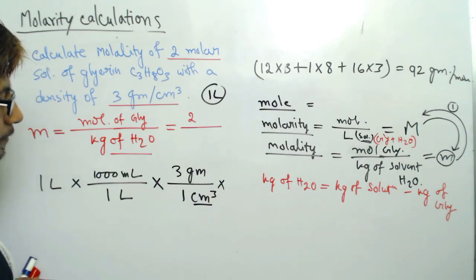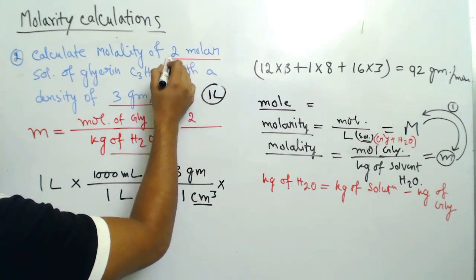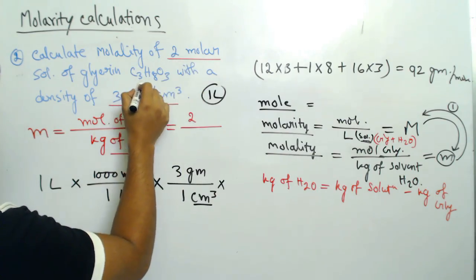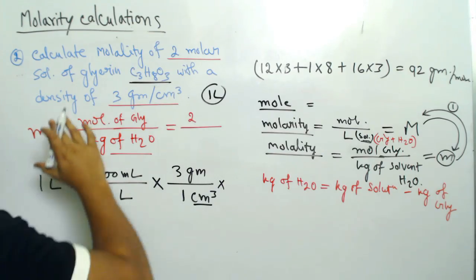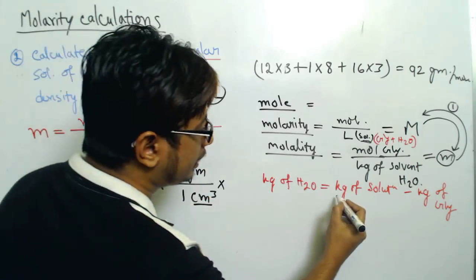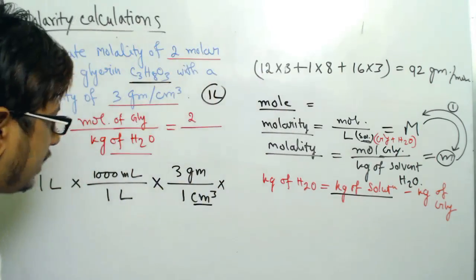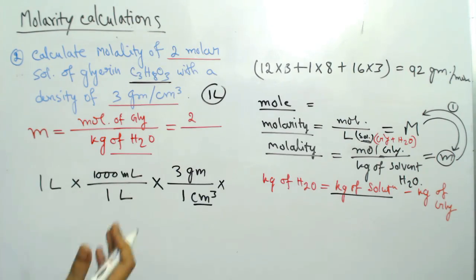And the last part is what? In this case, we know this 2 molar solution is out there, but it's not about the water only, it's about finding out the kilogram of solution utilized. That's what we are finding out, and we assume that the whole solution was of 1 liter or 1000 milliliters. That's what we begin with in the first place.